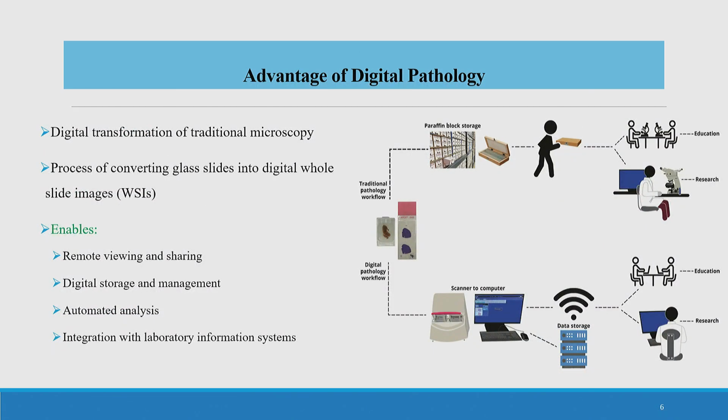So here I have shown the traditional way of pathology and the latest way of pathology. In the old days, tissues were taken and stored in paraffin block storage. This is not a good way to store and analyze the tissues, because after some time the quality of the tissue decreases and the diagnosis cannot be up to the mark.